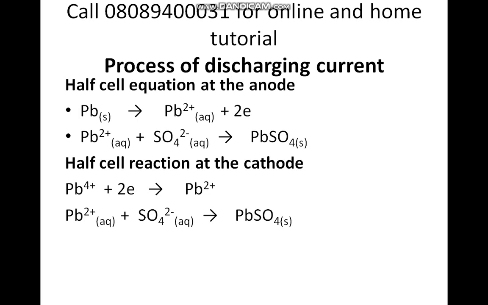The lead(II) tetraoxosulfate(VI) solid that is deposited on the anode during discharging of current gains electrons from the anode and forms solid lead and tetraoxosulfate(VI) ion. The tetraoxosulfate(VI) ion reacts with some hydrogen ion in the electrolyte solution to form H2SO4 acid, while the solid lead is deposited on the anode.